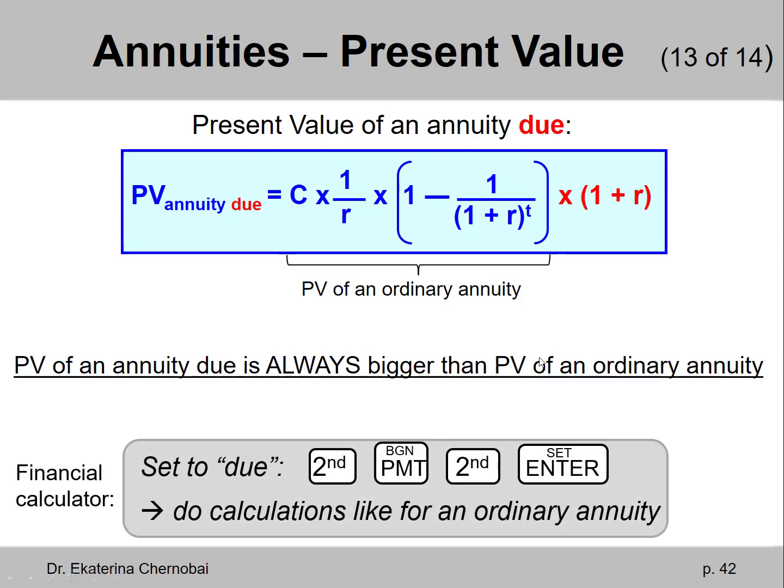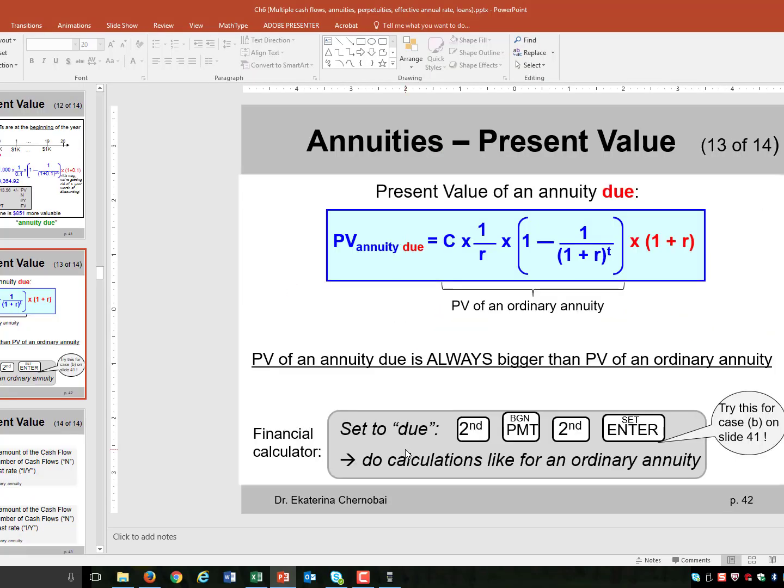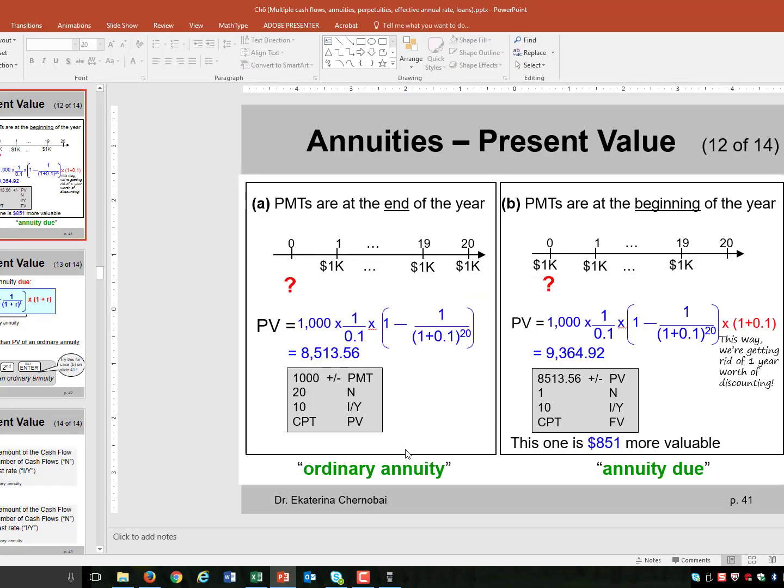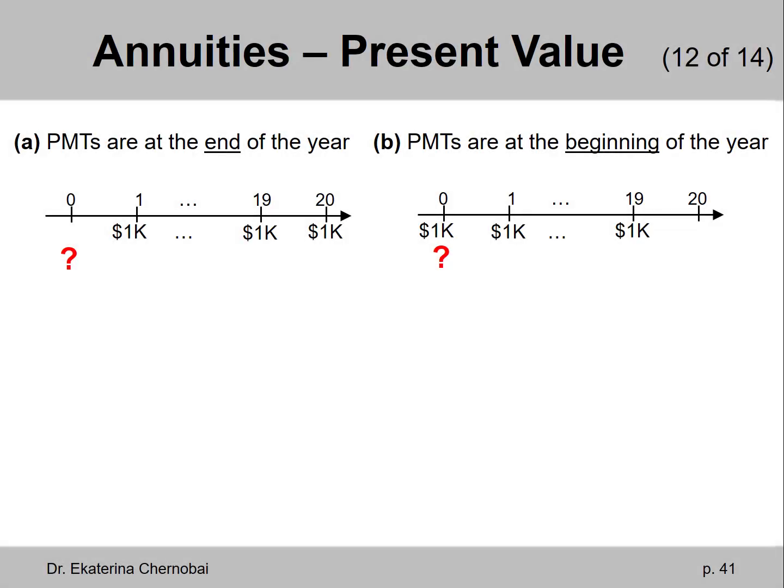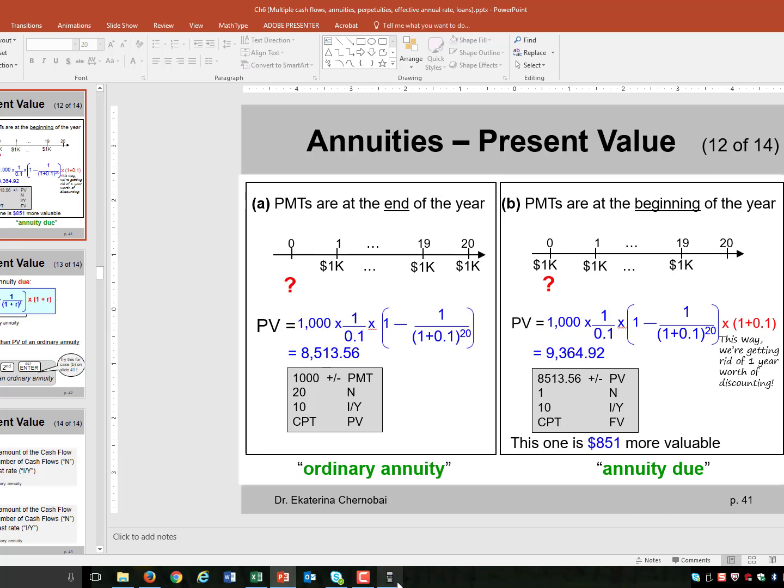So it's true for both present value and future value. And again, there is a way to tell the calculator that the calculations I'm about to do are going to be for an annuity due case. So you can set your calculator to the annuity due mode or the so-called begin mode. If you go back to this slide, to cases A and B, then here's what we can do.